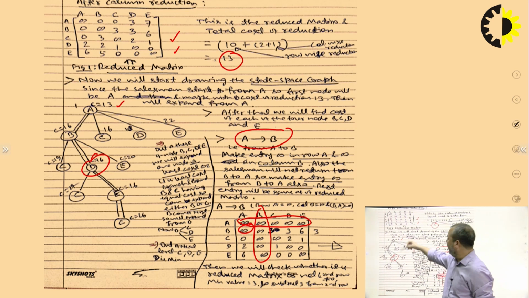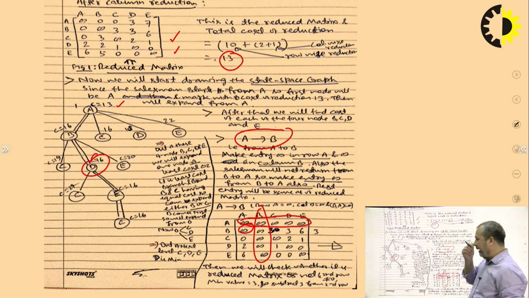A, B, D have already been visited. So what can you move to? C and E. So now A, B, D, that will be the base matrix.